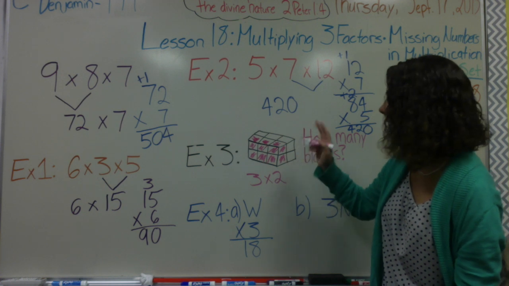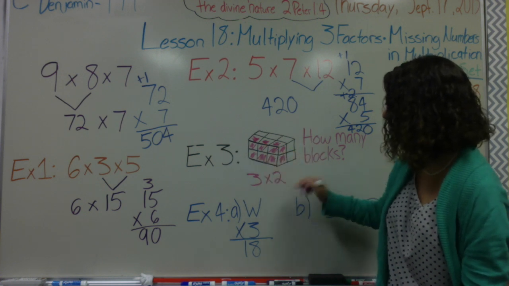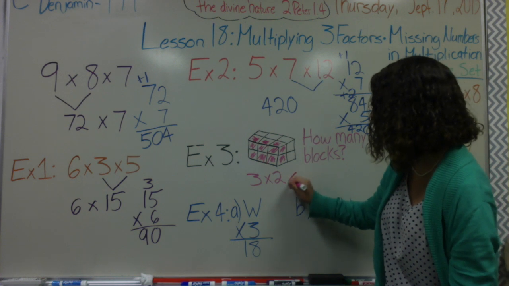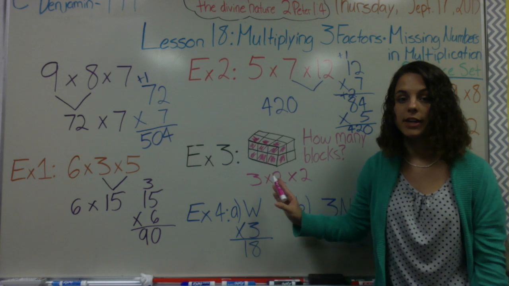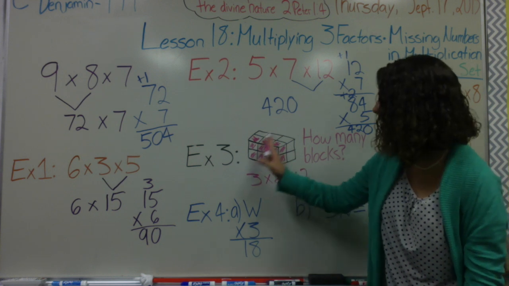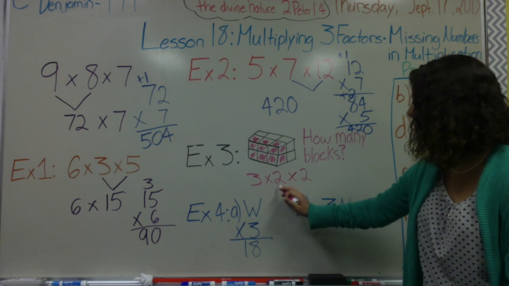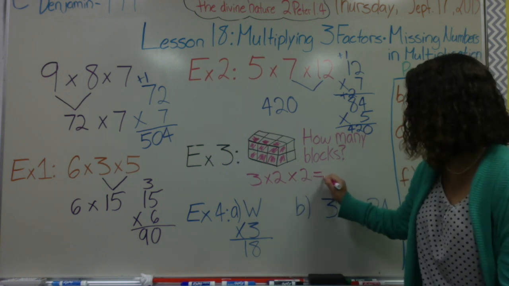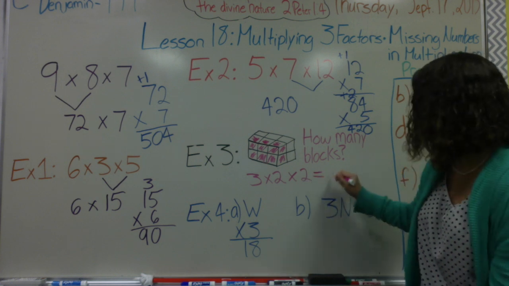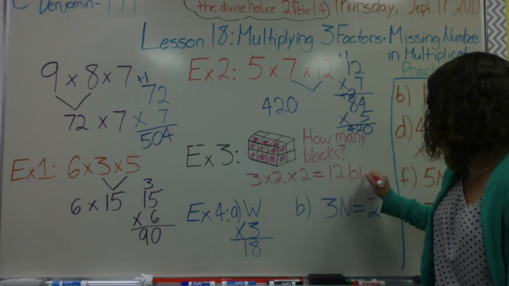So I have 2 layers of this set right here of 3 times 2, so I'm going to multiply by another 2. That's how we end up finding how many blocks would be in this rectangular solid total. So 3 times 2 is 6, and 6 times 2 is 12. This one is fairly simple because we're dealing with much smaller numbers. So I would have 12 blocks altogether.